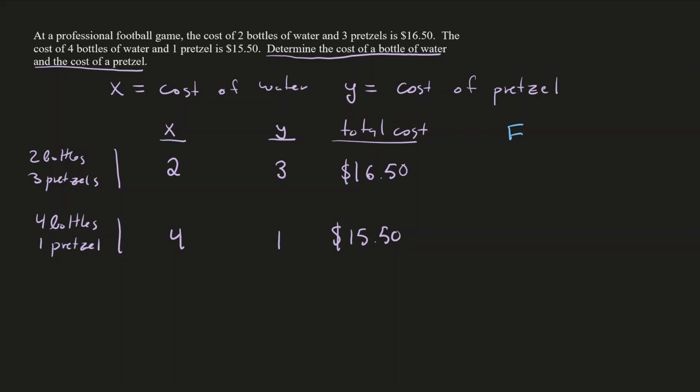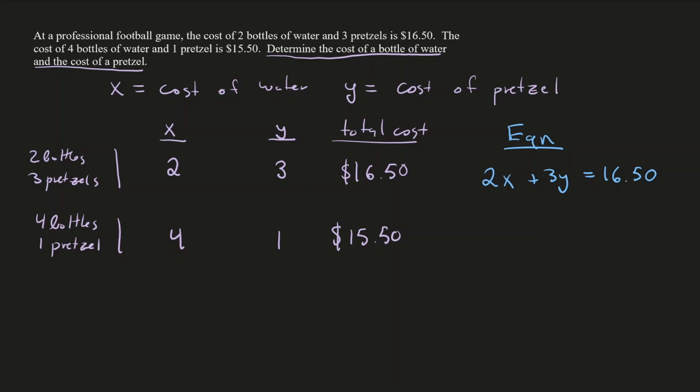As an equation, we get 2x, so that is the cost for the water. For instance, if we find the answer is like $2 for a bottle of water, then 2 times x will give us a 4. That's the cost. Then we get plus a 3y for the cost of the pretzels. So you buy the pretzels and you buy the water, and that is equal to $16.50. So each of these is in terms of dollars.